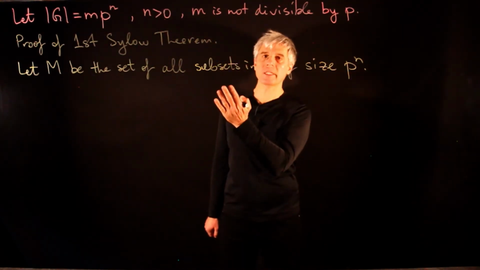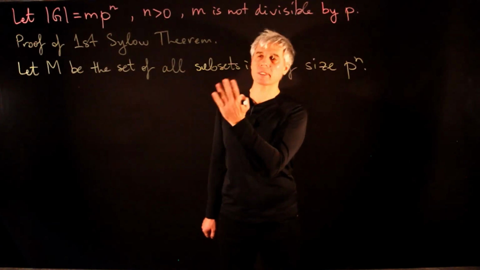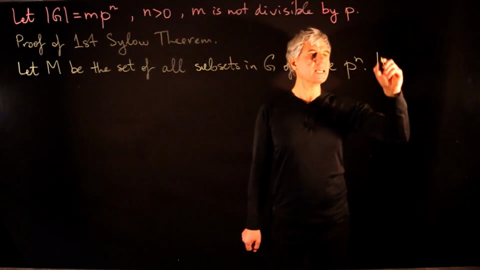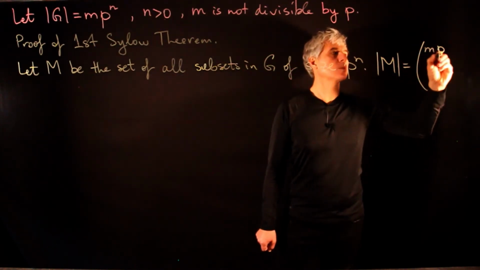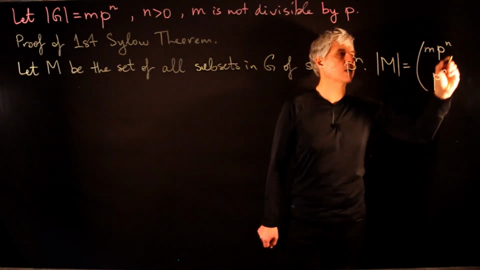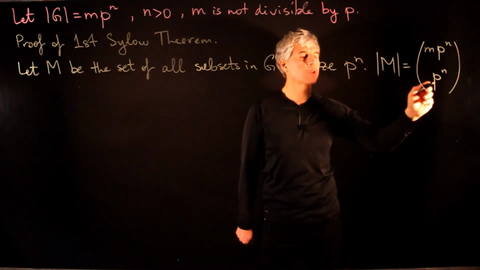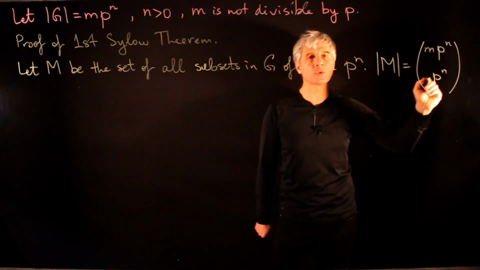So here we just take subsets, not subgroups, just subsets. Then we know that the size of this set is the binomial coefficient m p to the power n choose p to the power n. So this is how many subsets with p to the power n elements we can choose.